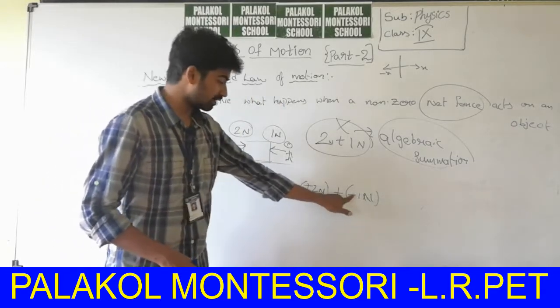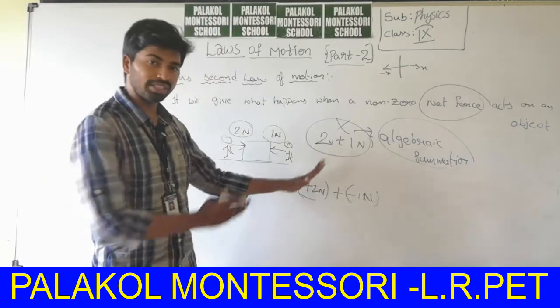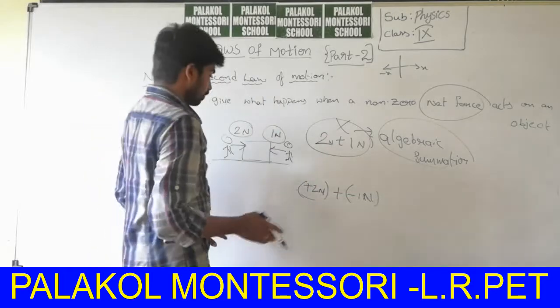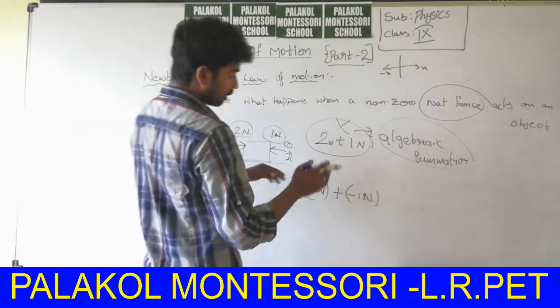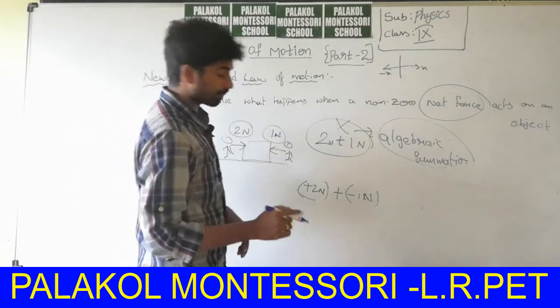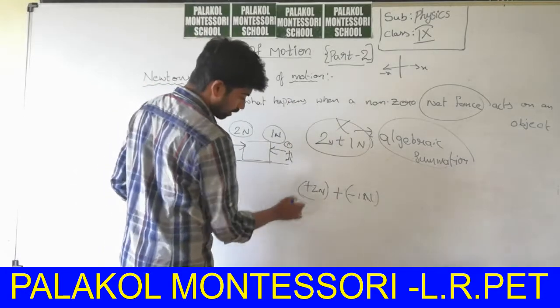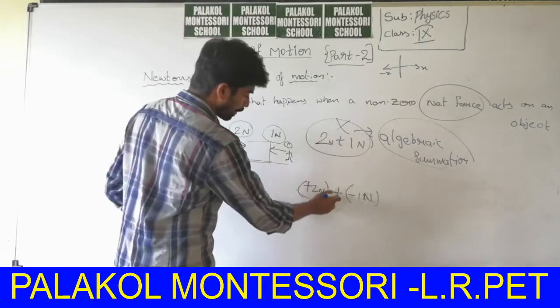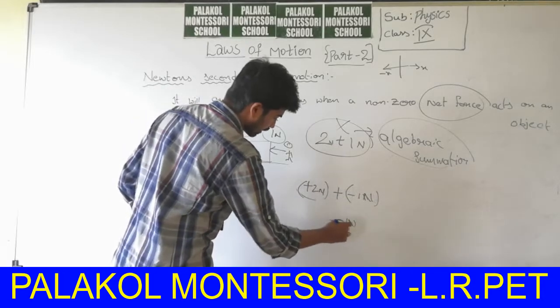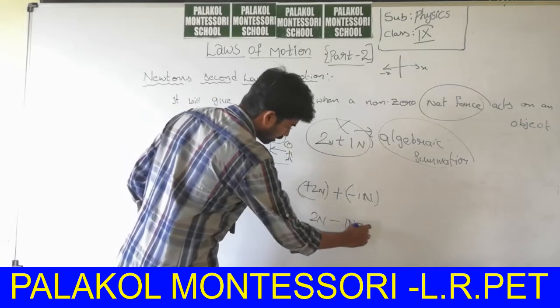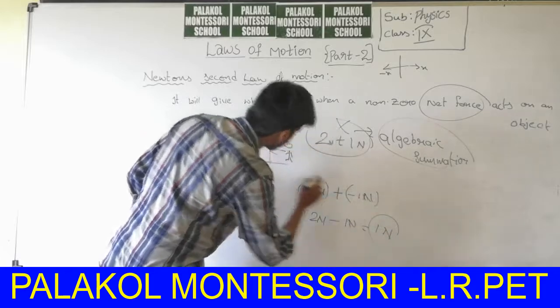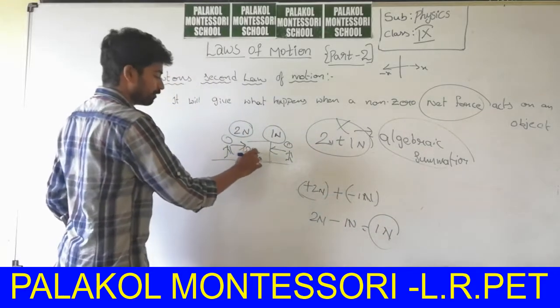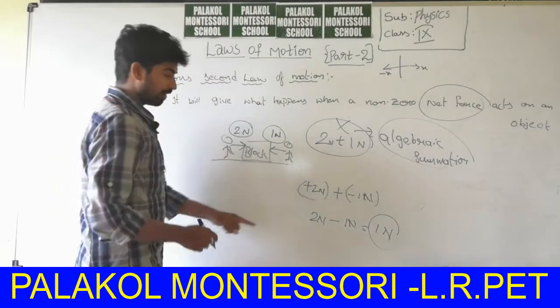Positive means towards the left side, negative means towards the right side. So 2 minus 1 is 1 Newton. This is the net force acting on the block. The net force acting on the block is 1 Newton.